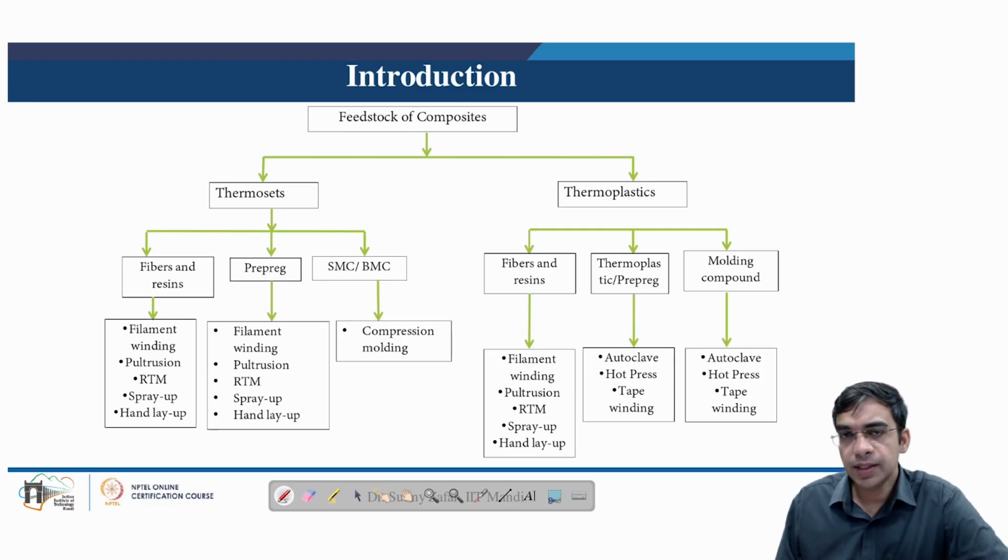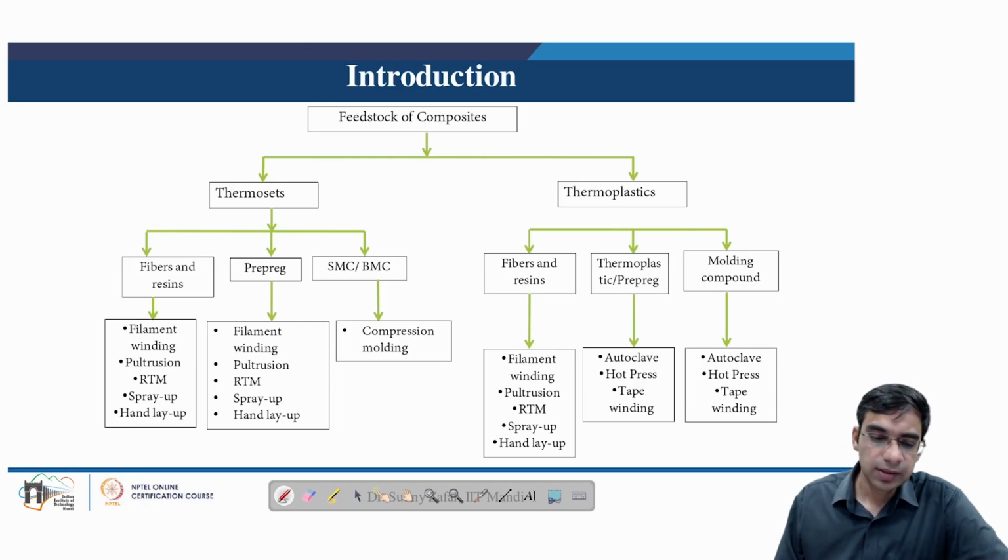So as we have seen in the previous lectures, the primary classification of the polymer matrix is based on its behavior towards heat. So in this regard, we have seen there are primarily two groups of polymer composites which utilize composites either in form of the thermosets or thermoplastics.